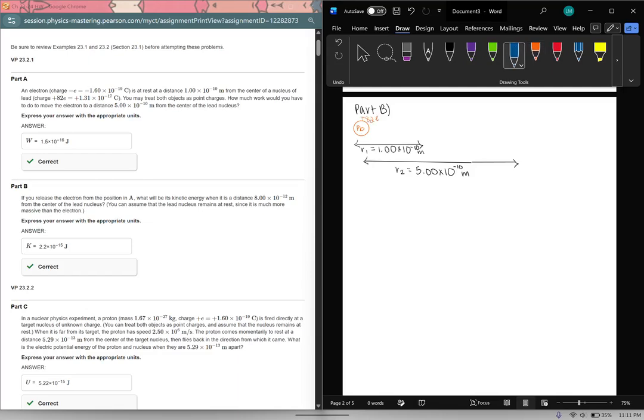And then in the center we have the negative electron, and then the negative electron to the end is basically trying to see, so it's asking what will be its kinetic energy when it's at a distance 8.00 times 10 to the power of negative 12 meters from the center.